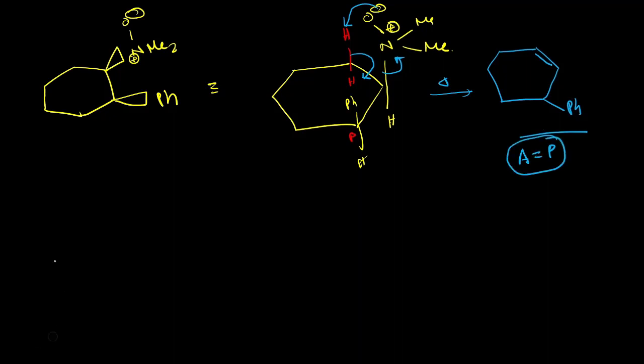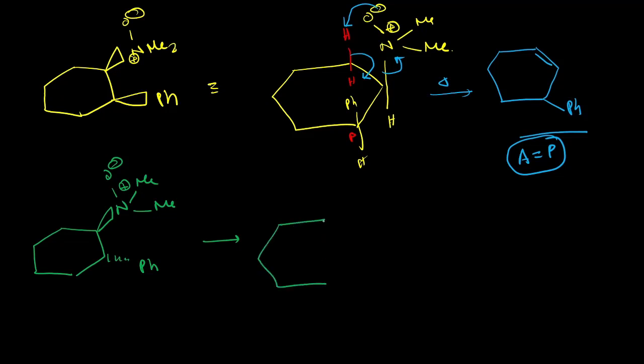If we see the second molecule, where N O minus Me plus along with Ph is present below the plane, we can rewrite this molecule like this: N O minus Me2 plus, hydrogens, Ph.